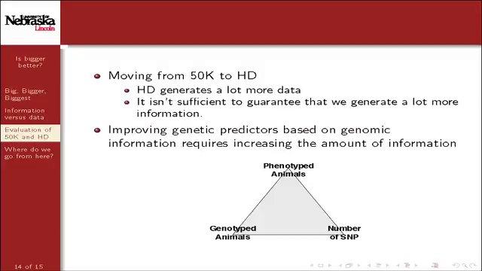Traits for which we've been collecting phenotypic information over a long time and have a good database of, that's going to be the key going forward. Along with that is having a broad spectrum of genotyped animals. You can't just genotype 10. And then it's the number of SNP that you have genotyped.